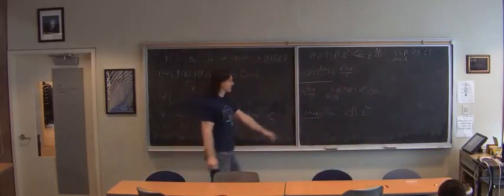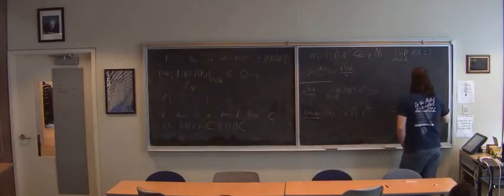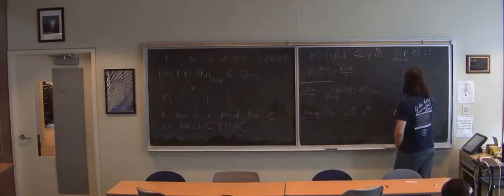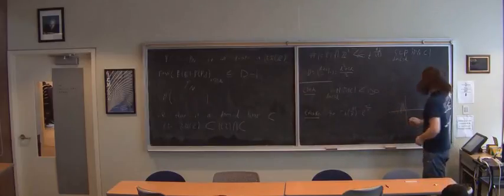This is some graph. And what does this look like? Well, sine 1 over x looks like this. Right, it jumps back and forth between minus 1 and 1, faster and faster.